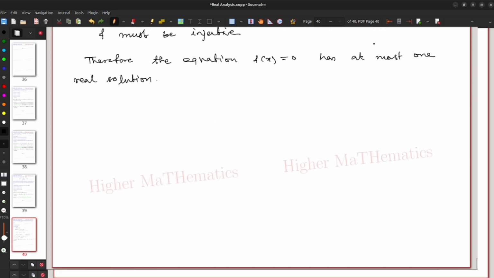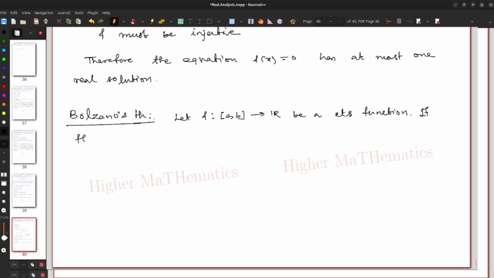Now recall Bolzano's theorem. Bolzano's theorem says that let f from closed interval a b to R be a continuous function.